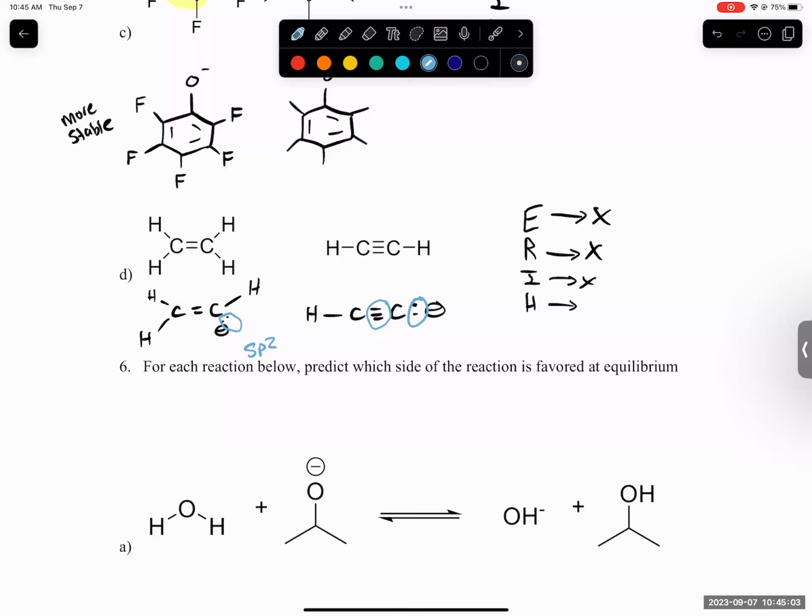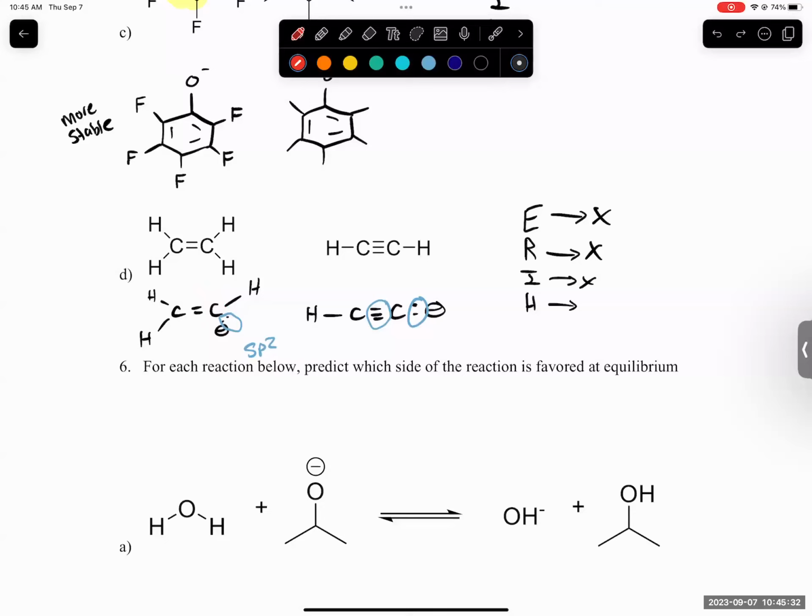Can you do the other one? 1 there, because we only count double bonds as 1 electron region. 2 here, and then 3 there. sp2. Got it? Everyone got that? Hybridization tripped me up back in high school, so don't worry.